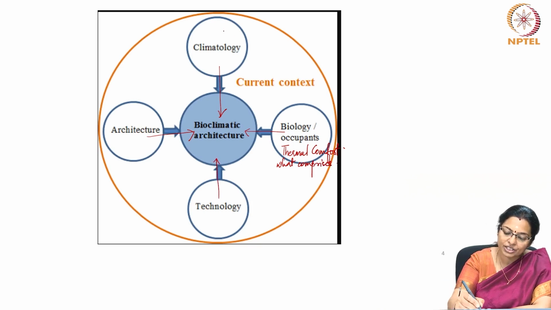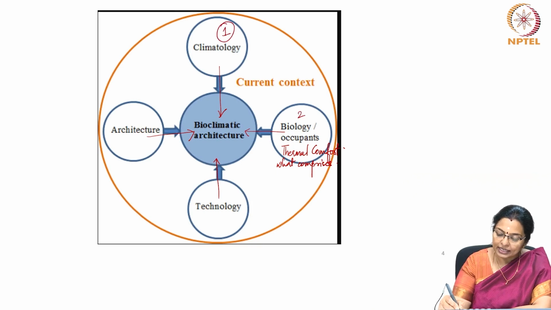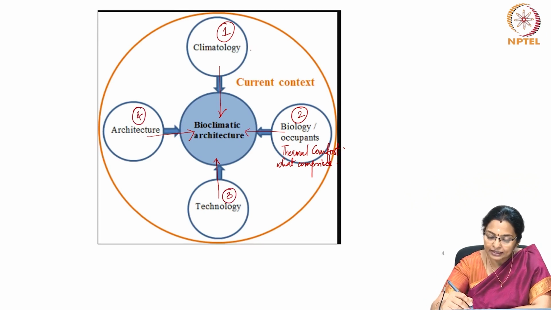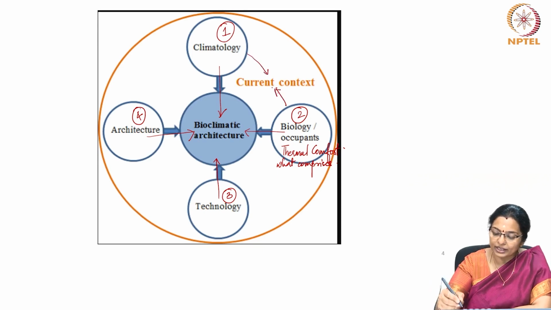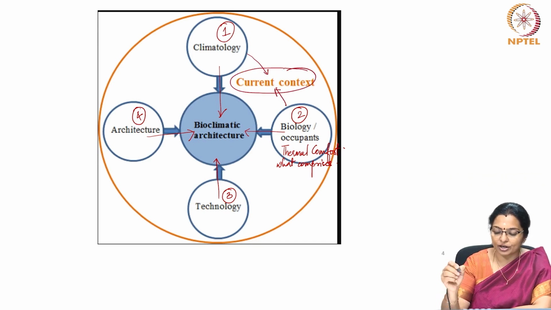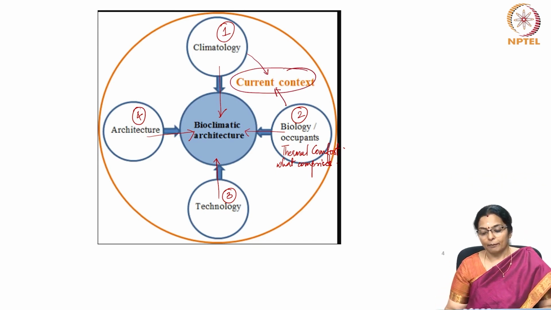A combination of all these together comprises bioclimatic architecture. But in order to understand the principles that govern it, these two are very important, and therefore we call it the current context: climatology and the biology of the occupants, which is the thermal comfort requirement. What environment makes the occupants feel more comfortable?